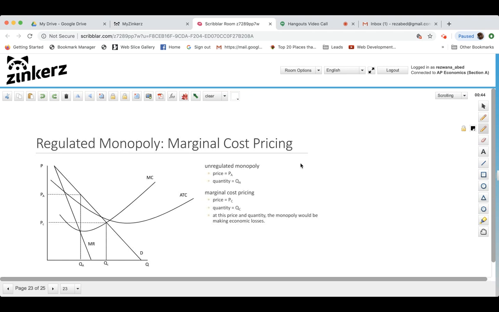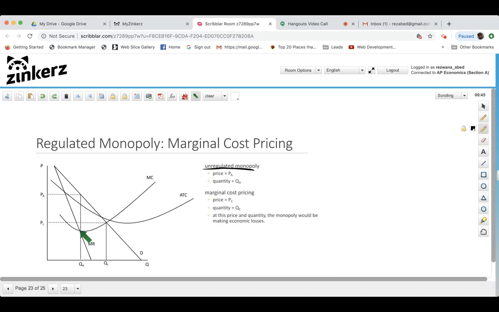If we have a natural monopoly which is unregulated, which means that the government is letting them run their course and not intervening yet, this is their demand curve, this is the marginal revenue, and this is their marginal cost curve.